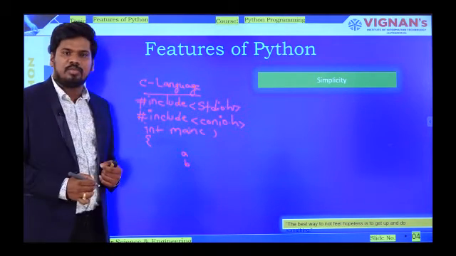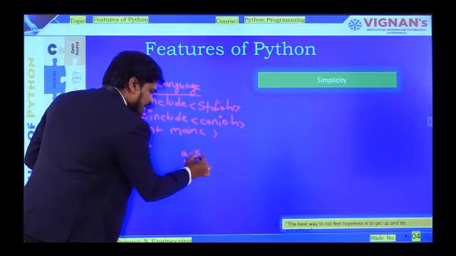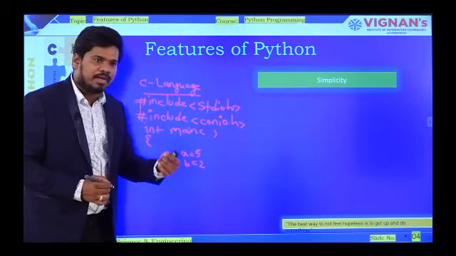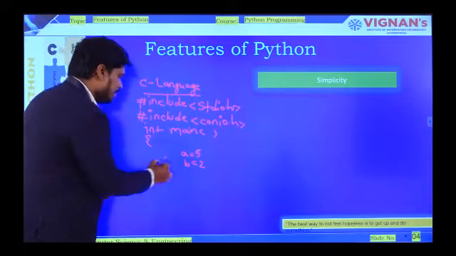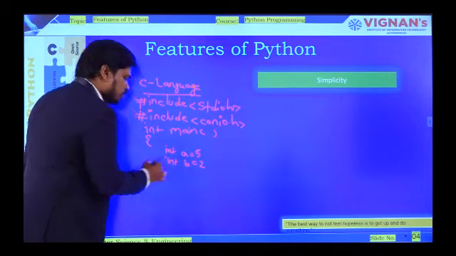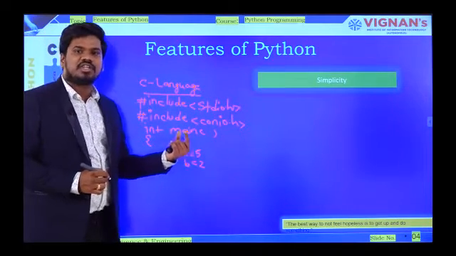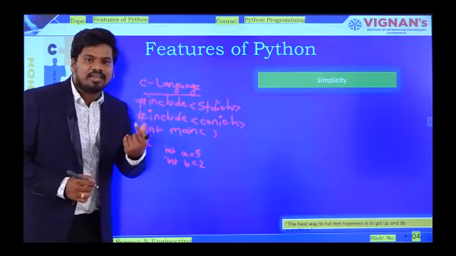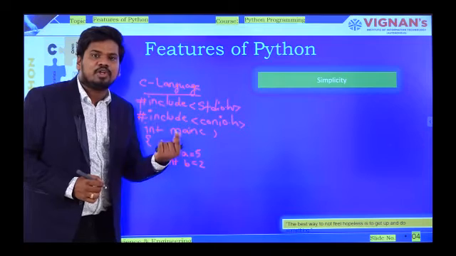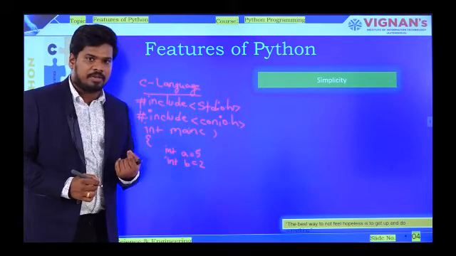I have taken two variables A and B, and I have initialized them with the values 5 and 2. Since 5 and 2 are integer numbers, the type here would be integer, int A, int B. So in C, C++ or Java programming, whatever variable I am taking, the associated type should be mentioned beforehand. That is the point you have to remember.